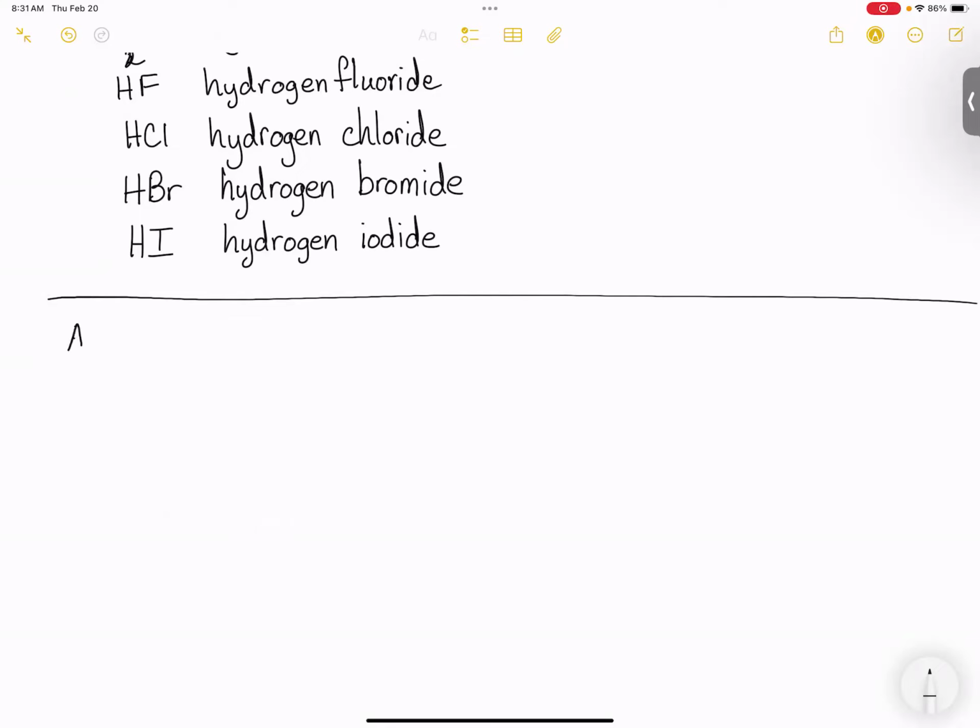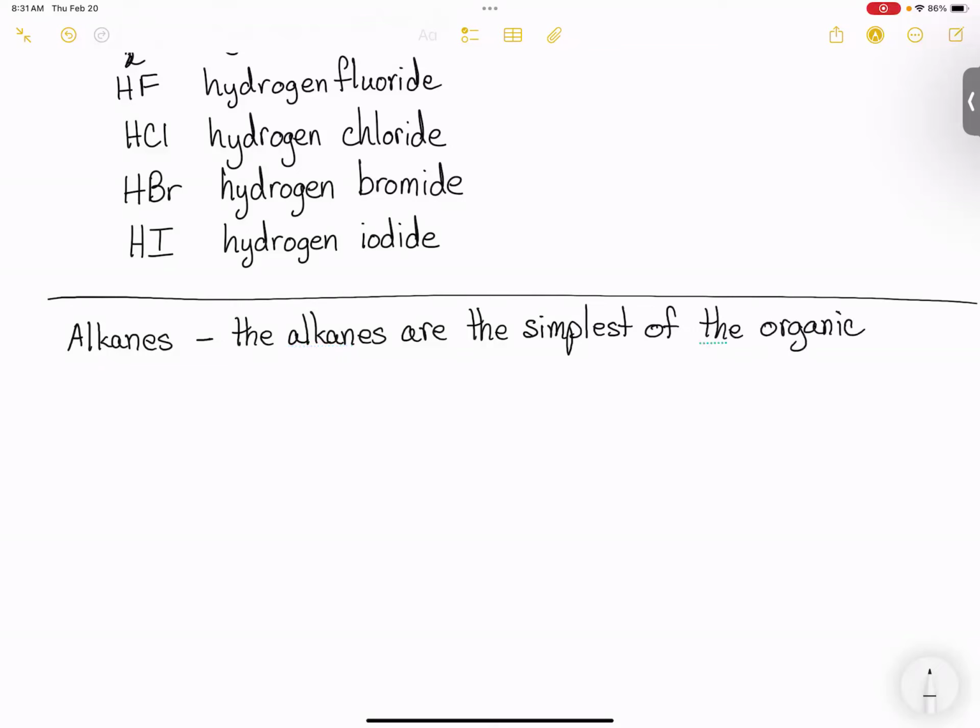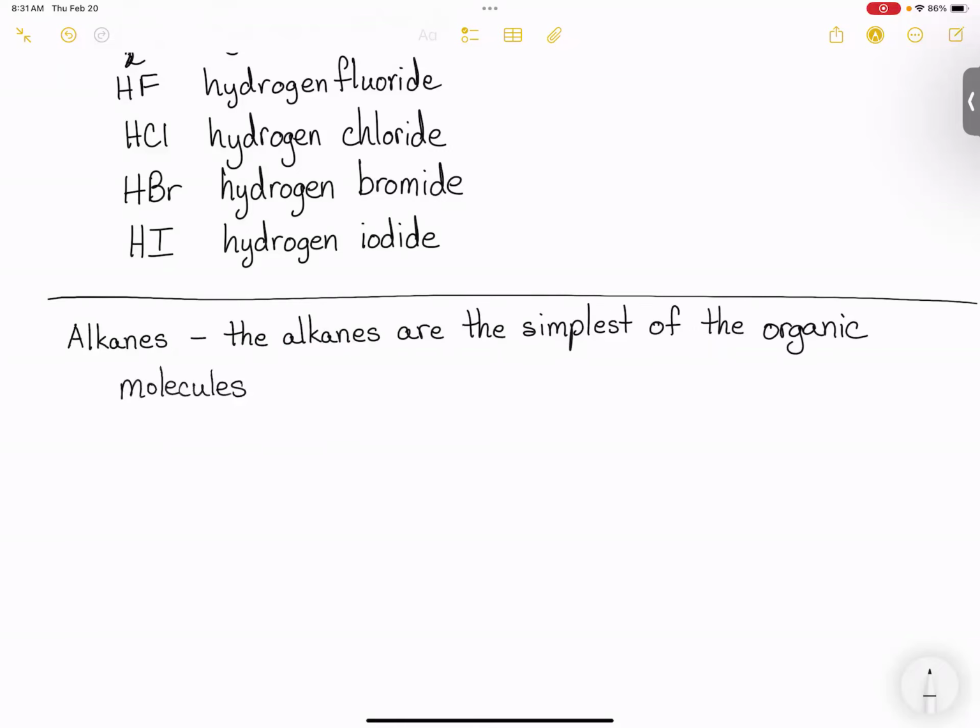Then we're moving on to alkanes. Your alkanes are the simplest of the organic molecules. Alkanes consist of carbon and hydrogen only.